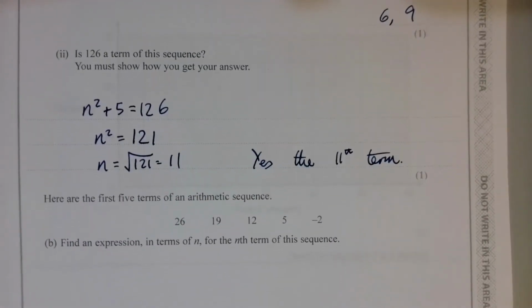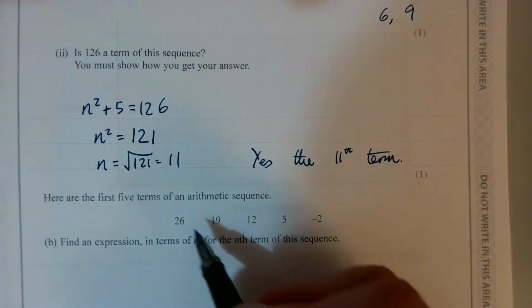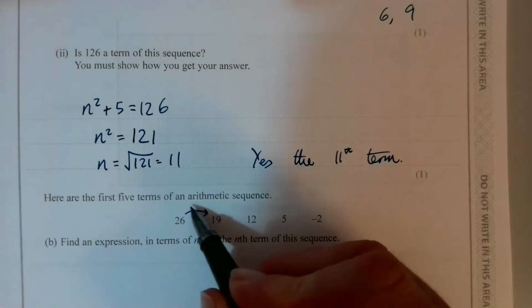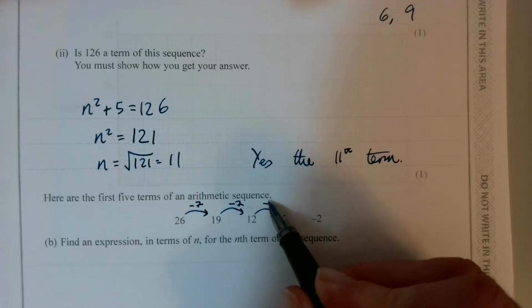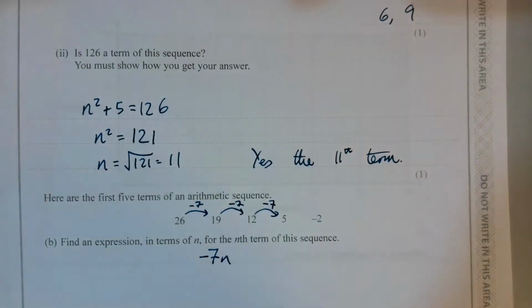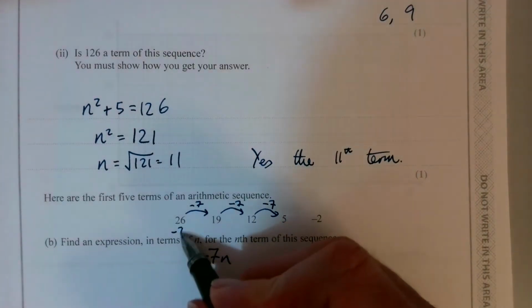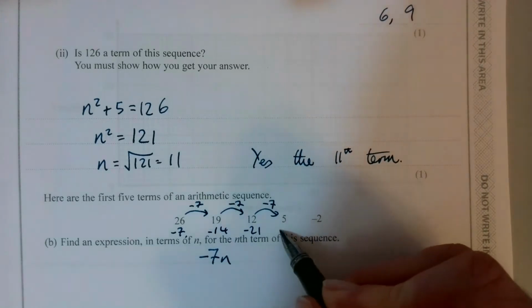Here are the first 5 terms of arithmetic sequence. So to find the nth term, we need to look at the difference. So we are going down by 7 every time. So that links it to minus 7n because it's the negative 7 times table. Now the negative 7 times table would look like this.